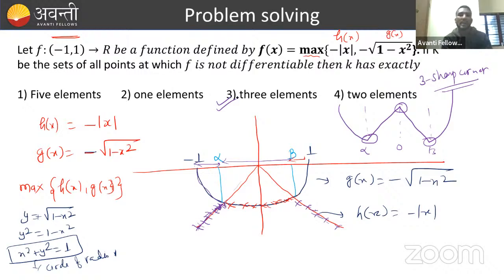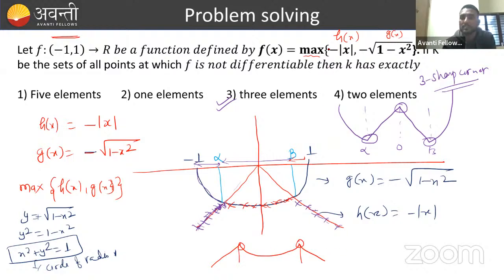Okay, so for these kinds of questions, in some questions you will see minimum. So in this case, what will be the graph? If it is minimum, then the graph will be like this, because we are talking about only minimum. So in this case, there are only 2 points where it is a sharp curve.